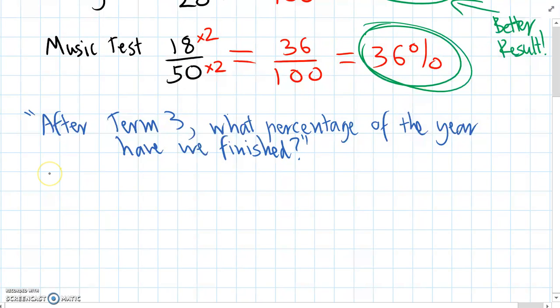So we know that at the end of term 3, we finished 3 terms out of the whole year of 4. 3 terms out of 4.